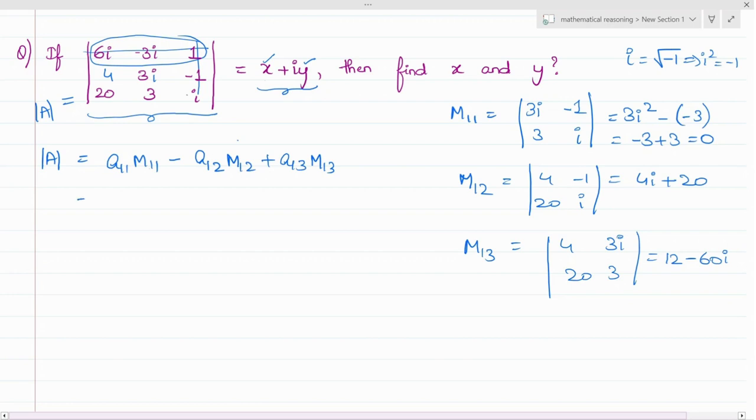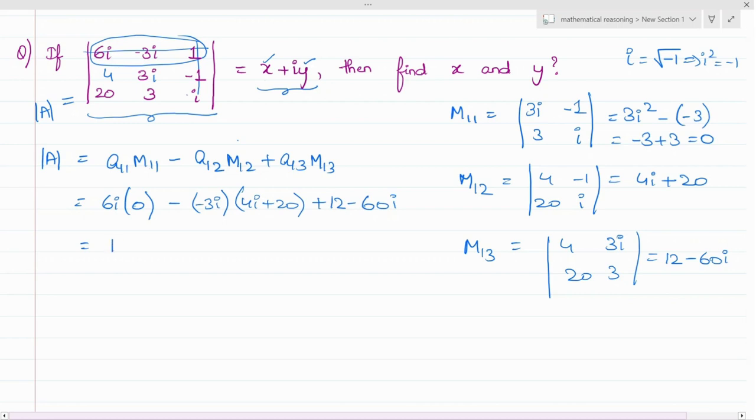So just substitute the values over here. That is A11 is 6 iota, M11 is 0, A12 is minus 3 iota, M12 is 4 iota plus 20, A13 is 1, so M13 is 12 minus 60 iota. So just simplify it. It becomes plus over here.